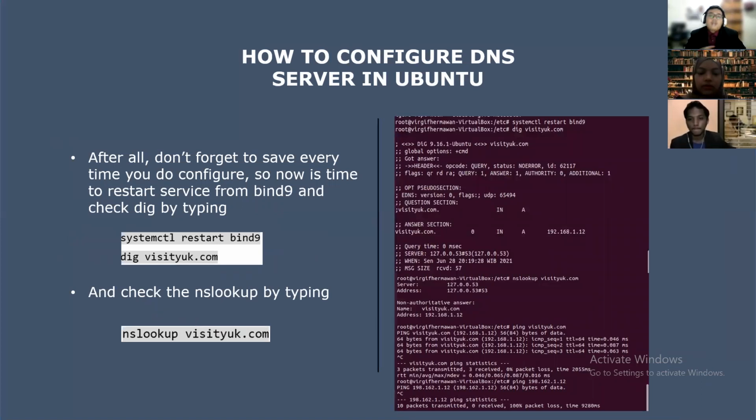Okay, for the finalization, after doing all the configuration, the last step is to restart bind9 by typing systemctl restart bind9, then check whether the IP address and domain that we have created are successful.